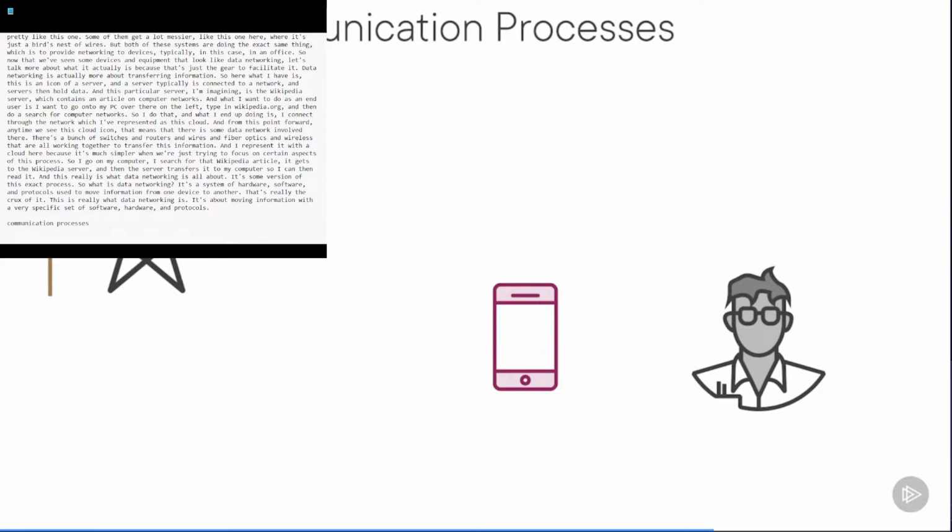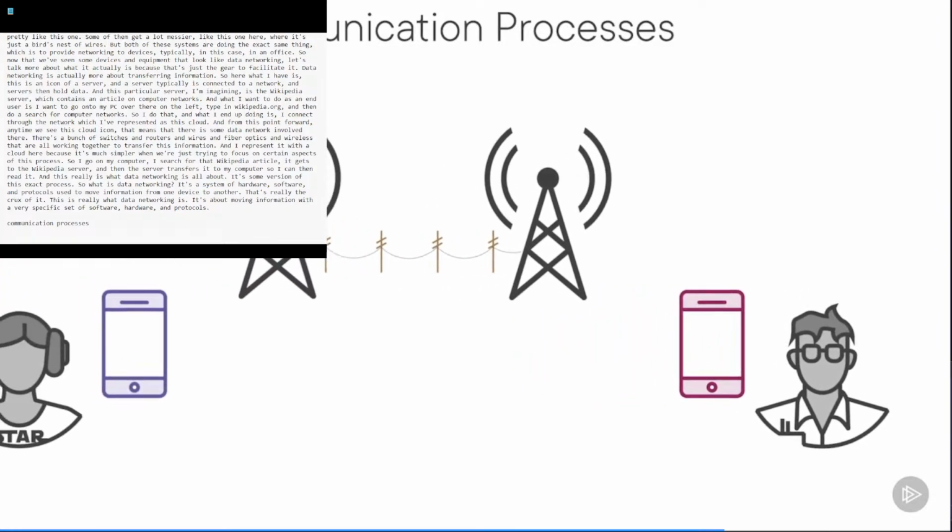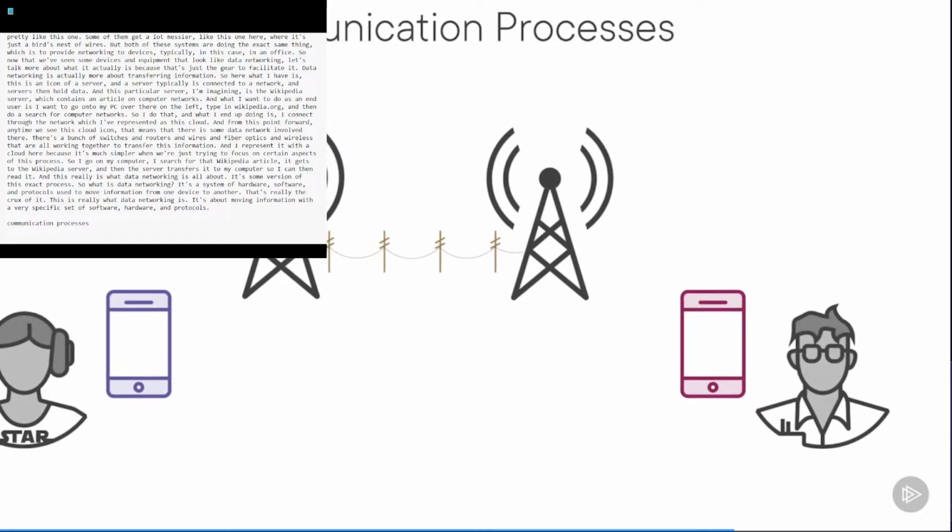So when we're using our cell phones to communicate with each other, it's this constant process of translating our message from one type of signal to another type of signal to another type of signal without ever actually losing the data that we're trying to send. This right here is a very oversimplified version of what we're doing in data networking.